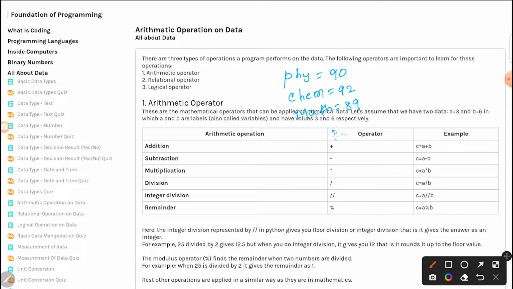Now, if I want to find total marks I got in all three papers, all I have to do is to add this, and that is what I referred to as addition. And addition is done using a plus operator. So I can say total equal to PHY plus Chem plus Math.